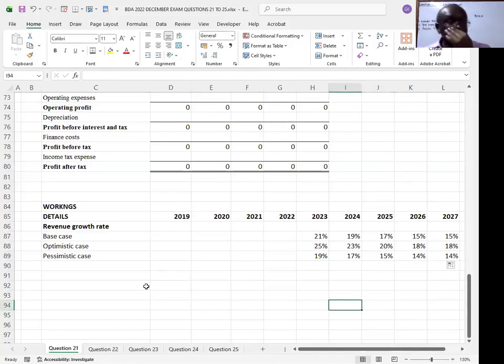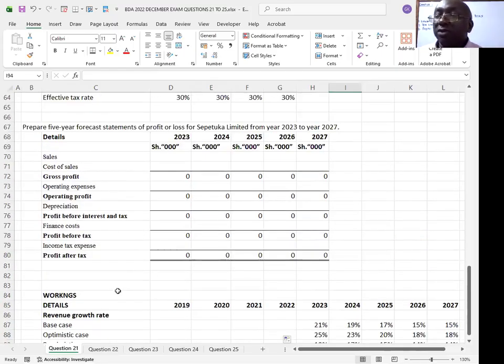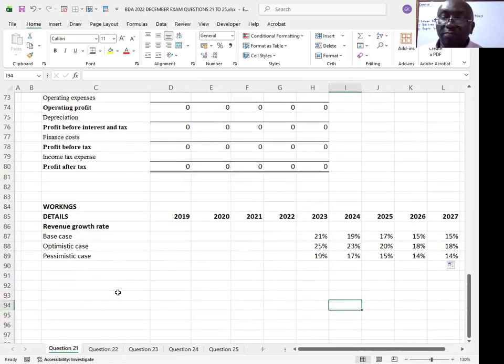When you autofill, now we have 3 rates, and we are forecasting revenue. So which one of these do you think we should use? The base or the optimistic or the pessimistic?